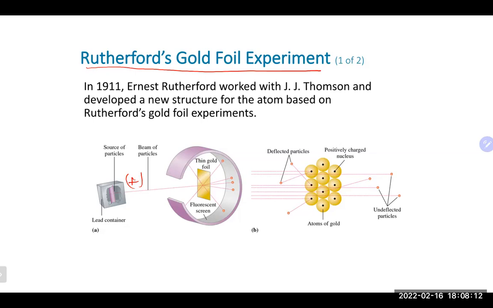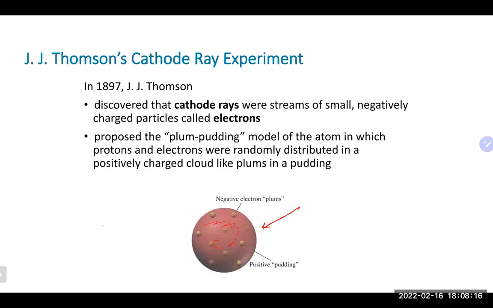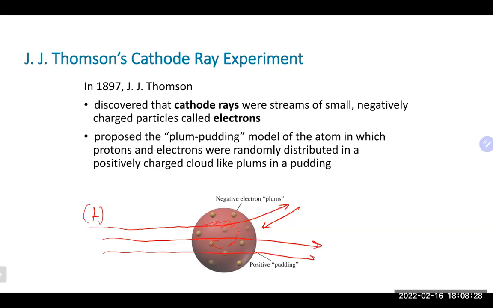So the thought was that when they shot these fast-moving positively charged radioactive particles through this mush of positive charge, they would expect them to sail through, but to do some deflection as they punched through that big sphere of positive charge.